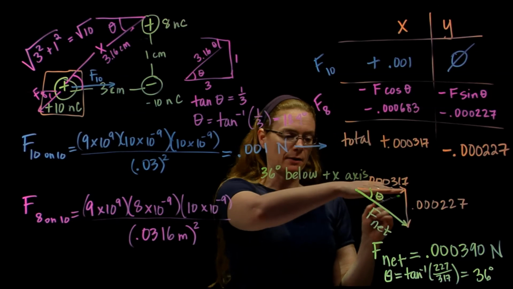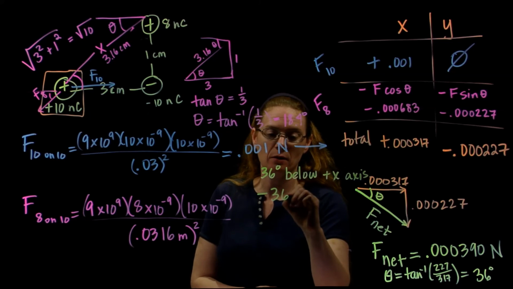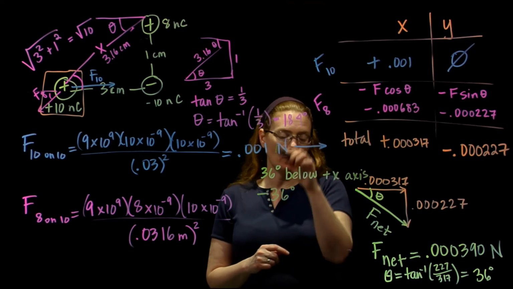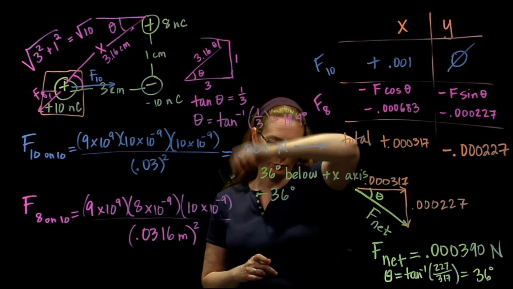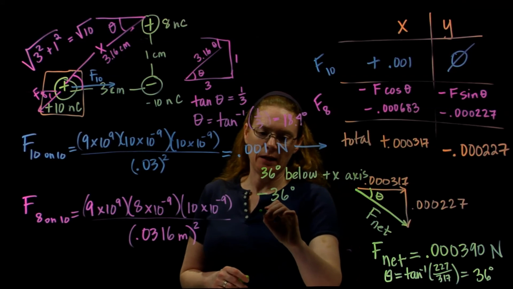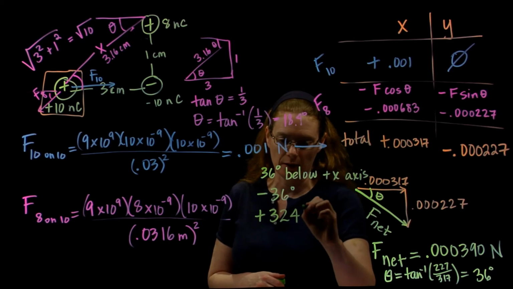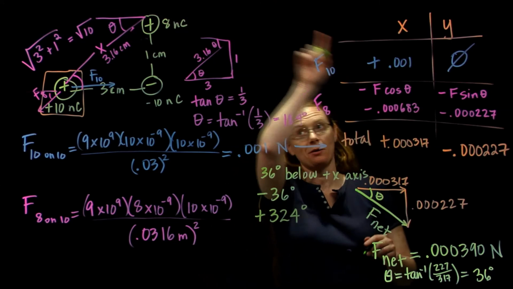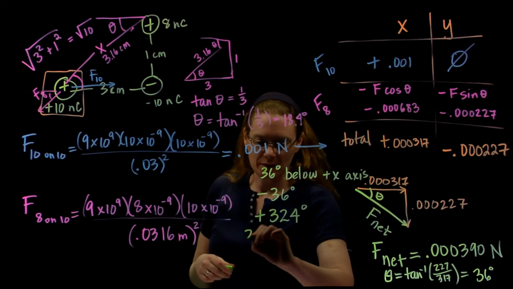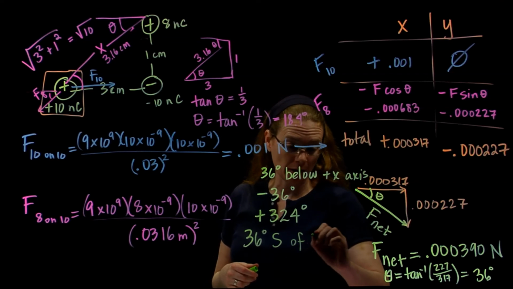A negative 36 degrees would also work. If you give me a positive or a negative, I know we're going based on the whole 0 to 360 circle. You could say positive 324 degrees. Then I'd start with 0 and go all the way around to get there. 36 degrees south of east, that would be another way to do it.